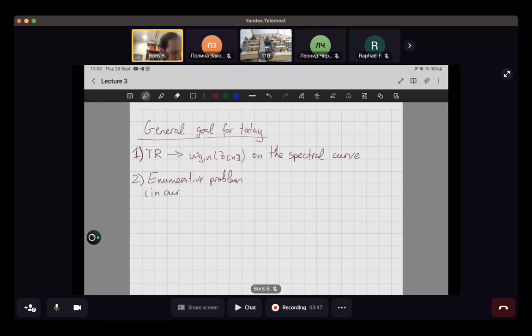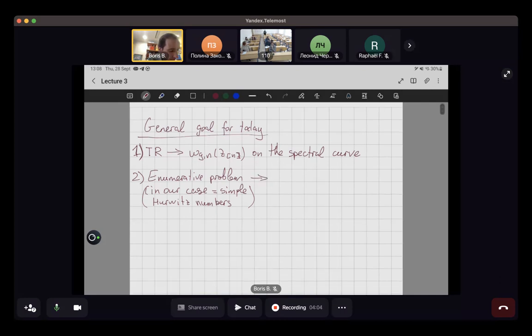In our case, simple Hurwitz numbers. And so we have some generating series for these numbers.